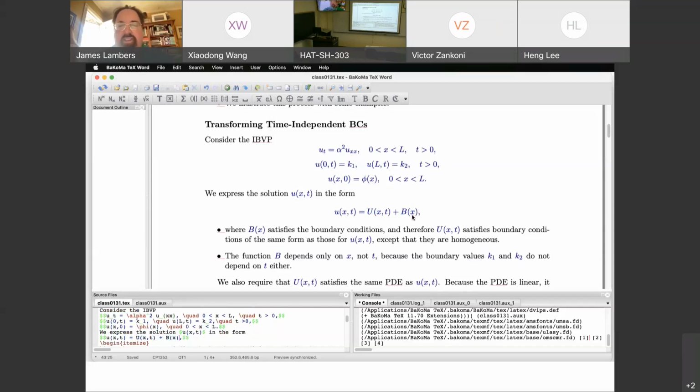The idea is that this solution satisfies the original boundary conditions, and this function also satisfies the original boundary conditions. Therefore, capital U of x,t will satisfy homogeneous boundary conditions, the same types of conditions except these values will be 0. So we're handling the boundary conditions here, everything else here.